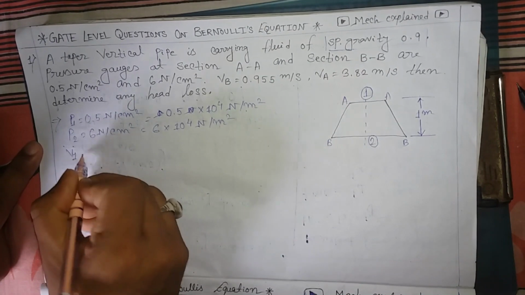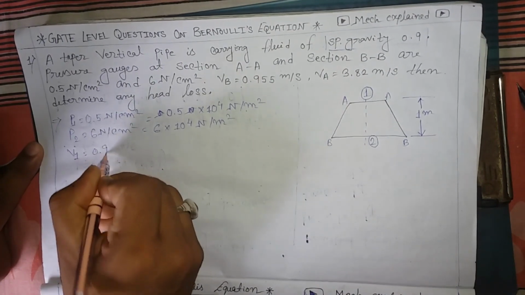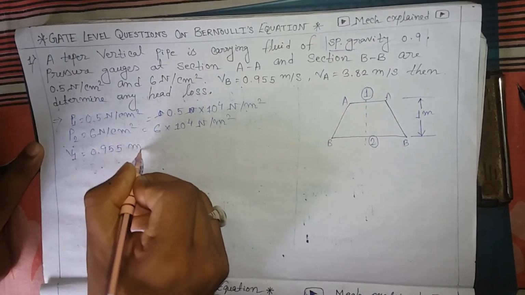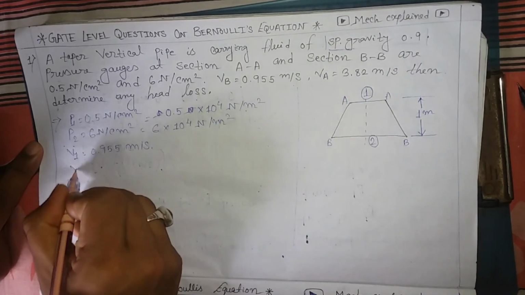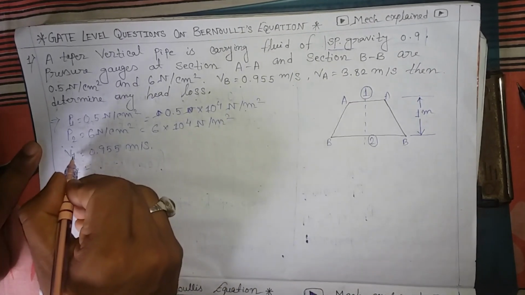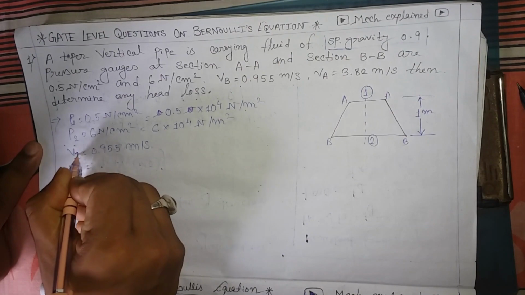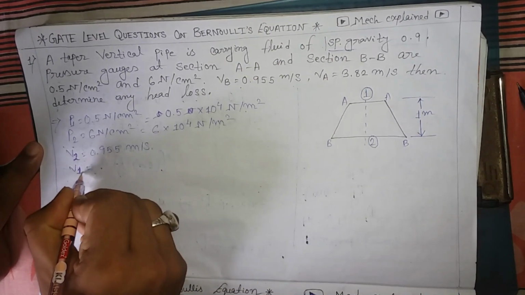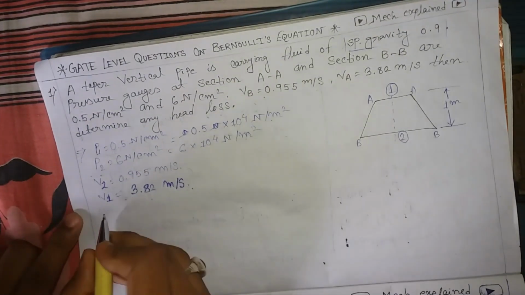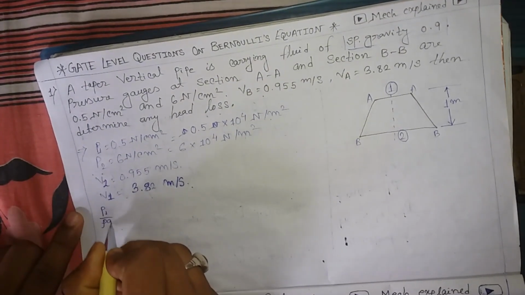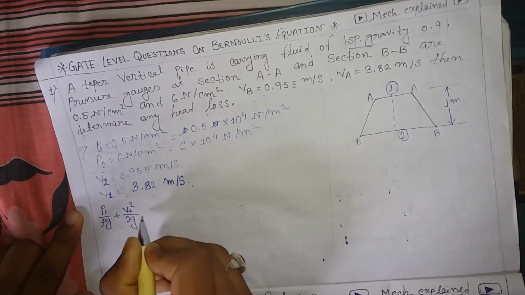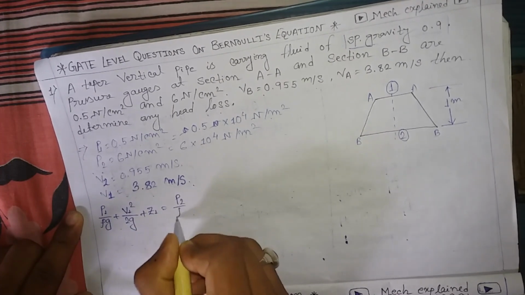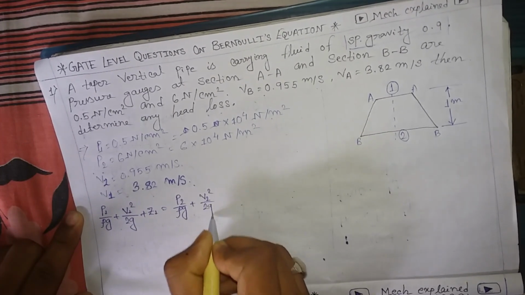V1 or VA equals 0.955 meter per second, and V2 equals 0.955 meter per second. Bernoulli's equation is P1 by rho g plus V1 square by 2g plus Z1 equals P2 by rho g plus V2 square by 2g plus Z2.